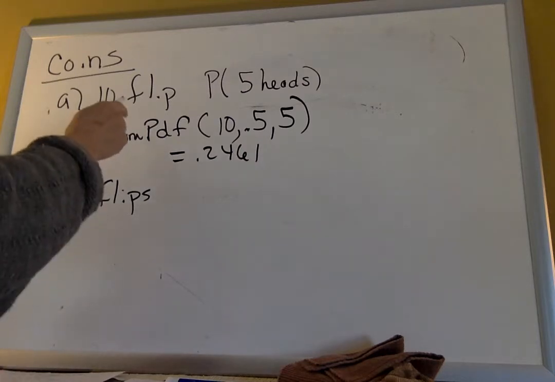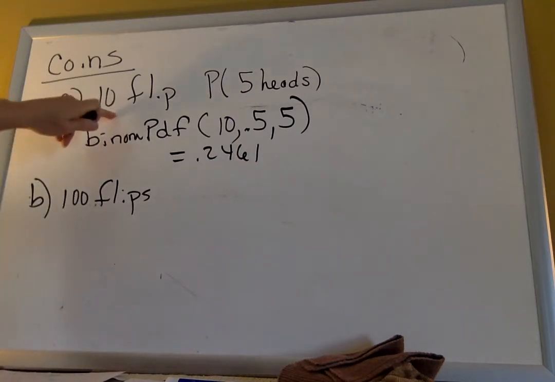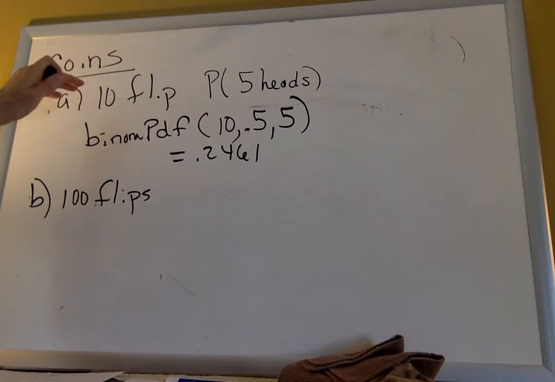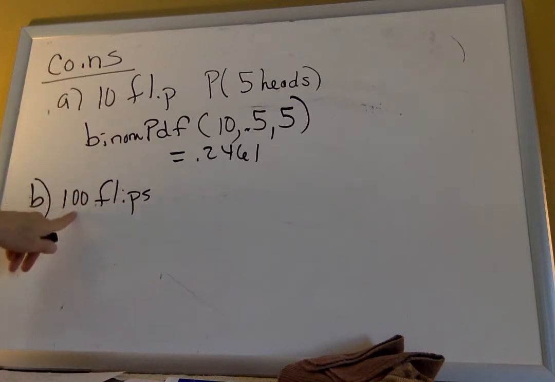When you're flipping 10, you're either going to get heads 30% of the time, 40% of the time, 50% of the time, 60% of the time. It has to go by 10%. But with 100 flips, you could get it 39% of the time, 40% of the time, 41 or 42. So there's a lot more outcomes, right?